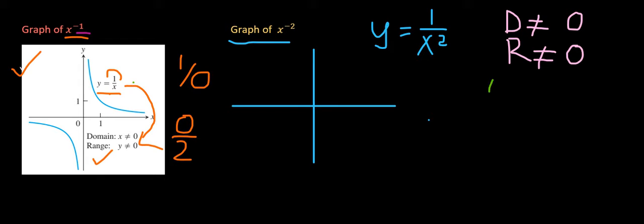Suppose I am taking x as 1, then I will take the value minus 1, and you can see that it is a square over here. We will always get a positive value in the y.